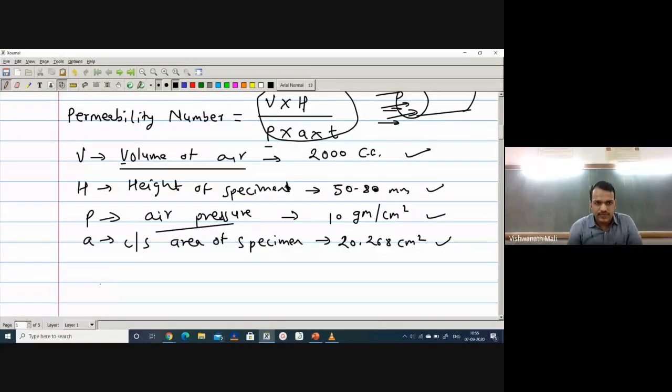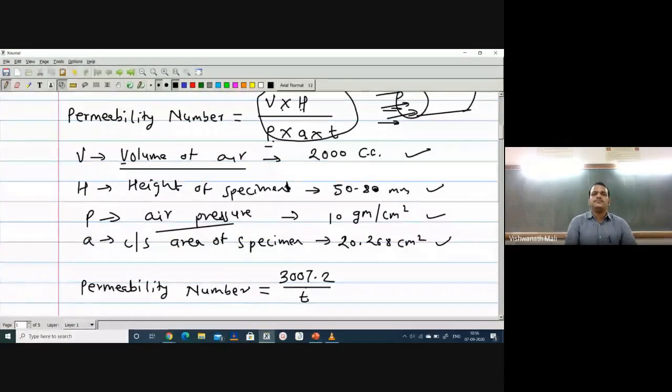Now if I keep all these standard values of V, H, P, and A, the permeability number is equal to 3007.2 upon T. So this is what I get.